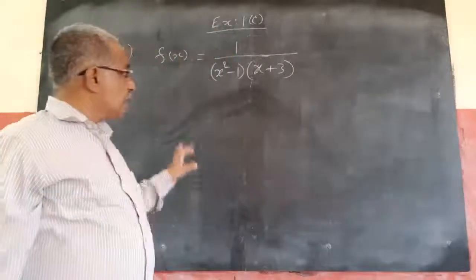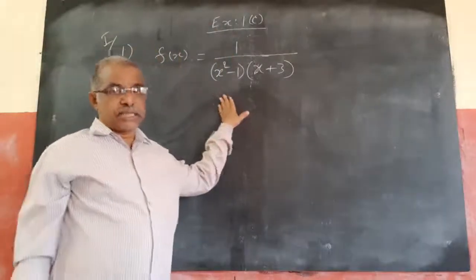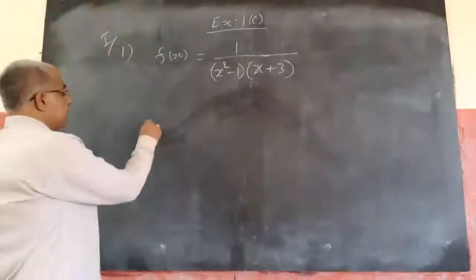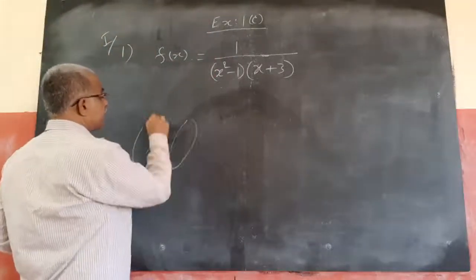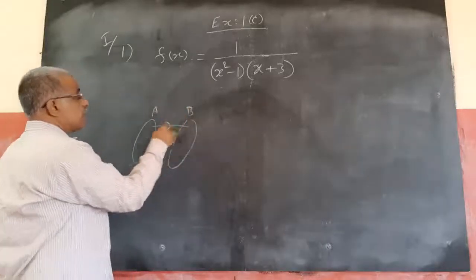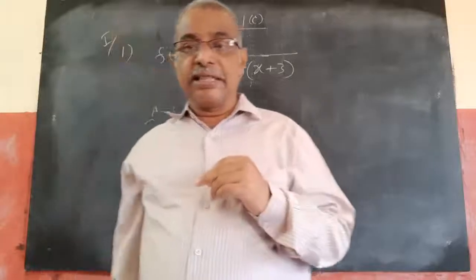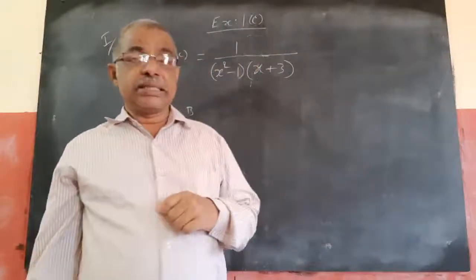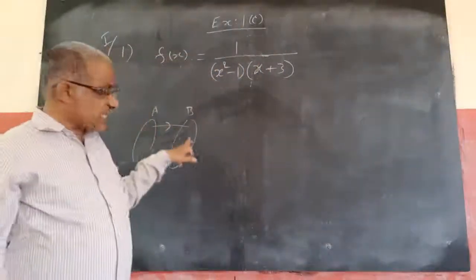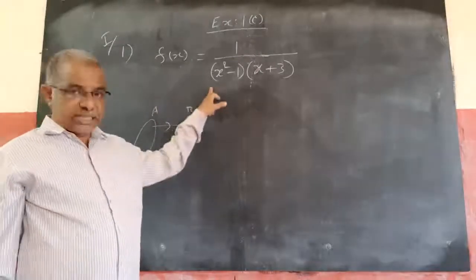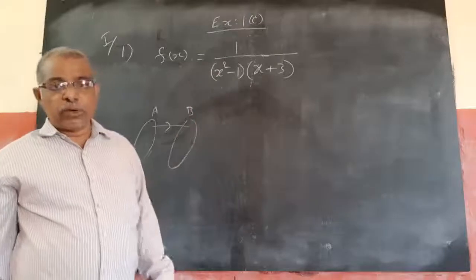Domain means for which values of x the function is defined. If f is a mapping from A to B, A is called the domain, B is called the codomain, and the values which have been mapped are called the range. So for what values of x is it mapped? Only if f of x is defined for that particular value can we map it.